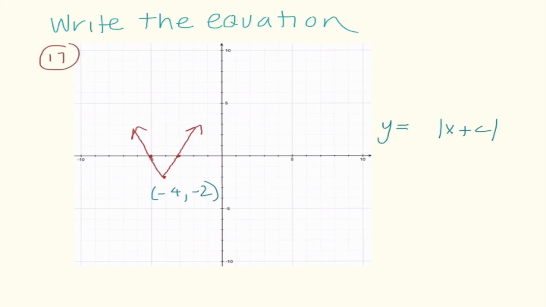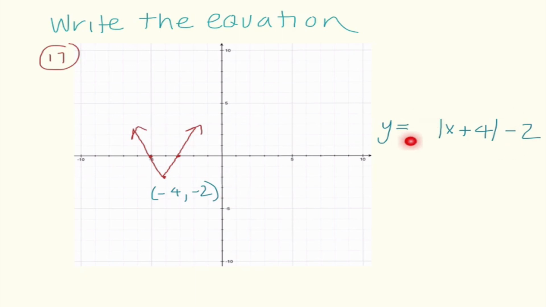So since it says minus 4, I'm going to write plus 4. Our y value of our vertex we normally get from our k, or whatever we add outside, so I'm going to put minus 2. So we use our vertex to figure out what these two values represent.